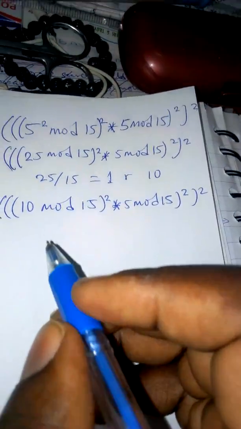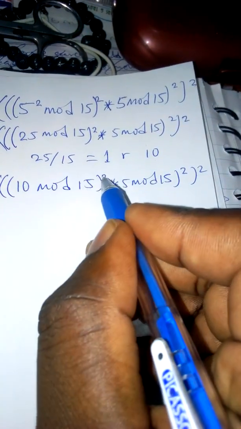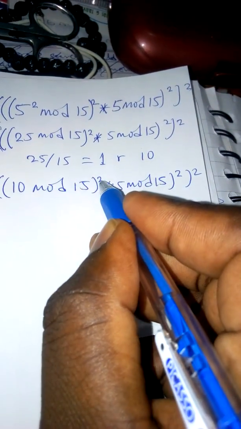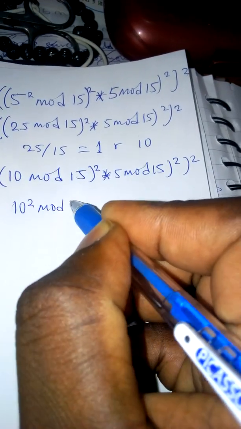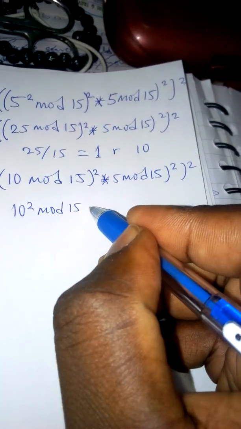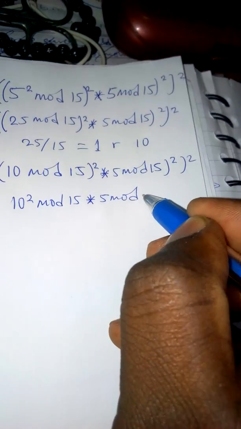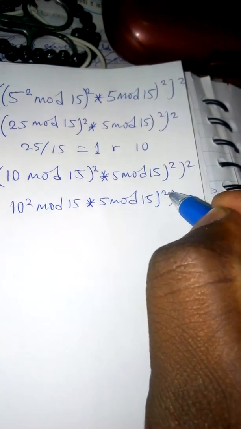So here we have this, and mark you, we have another square outside waiting. So this will be 10 squared mod 15, then times 5 mod 15, then close, square.